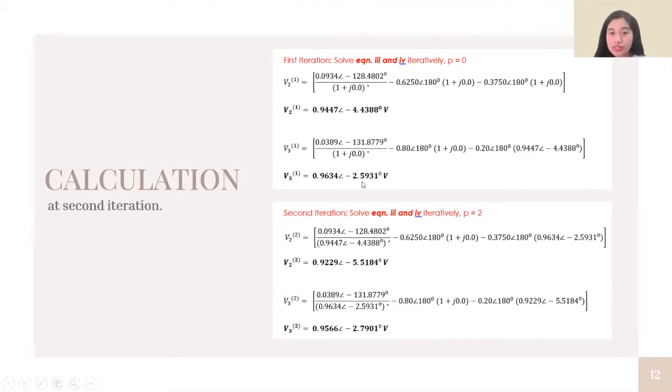So use our V sub 3 value dito sa ating first iteration. Substitute over here sa denominator. V1, same as it is a slack bus, 1 plus J00. Then our V2, this is the value of our V2. Okay, solving for that, we will arrive to an answer of 0.9566 at an angle of negative 2.7901 degrees voltage.